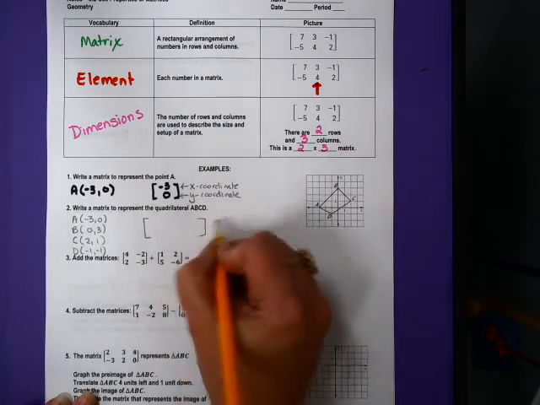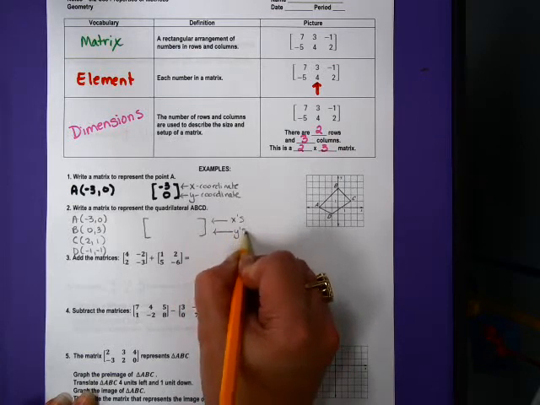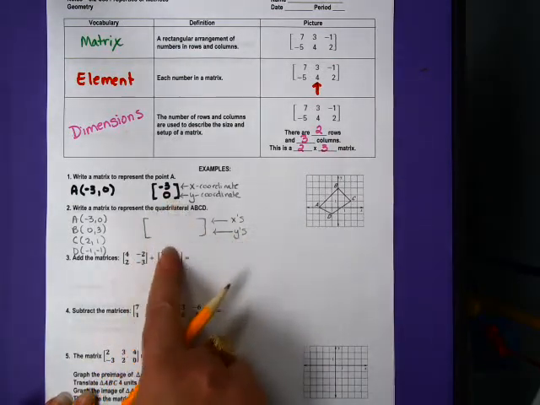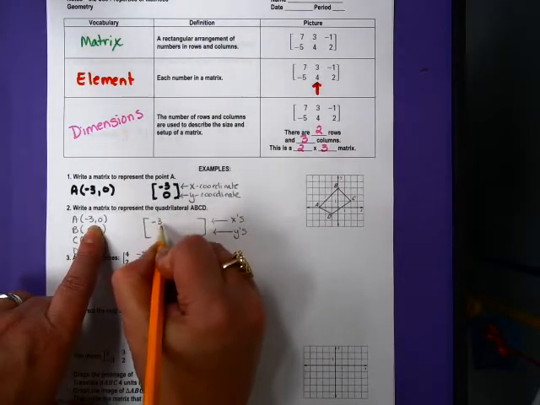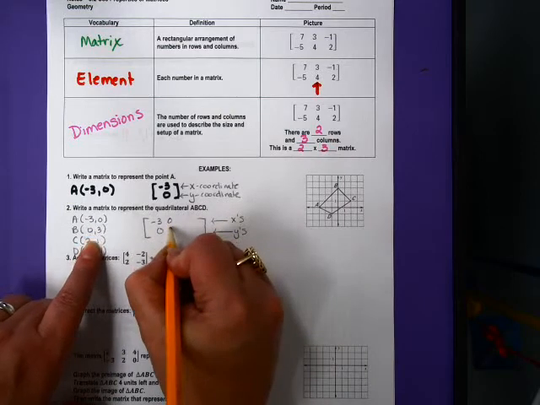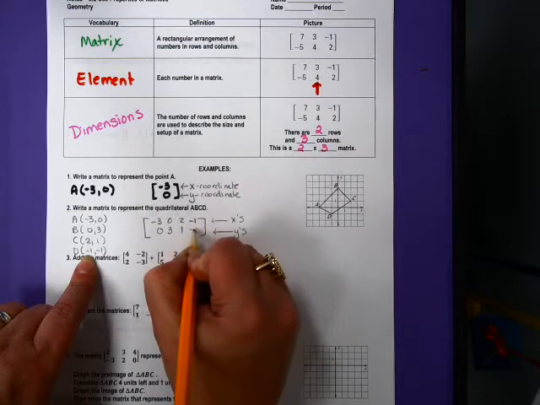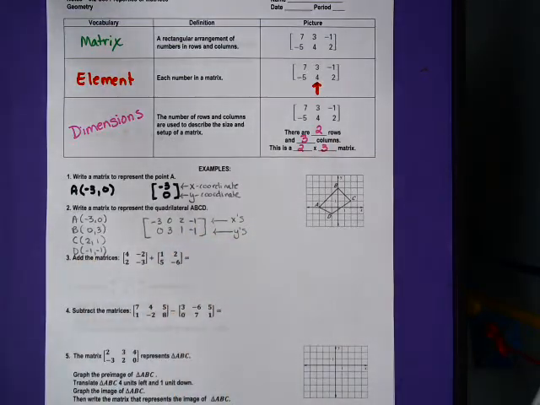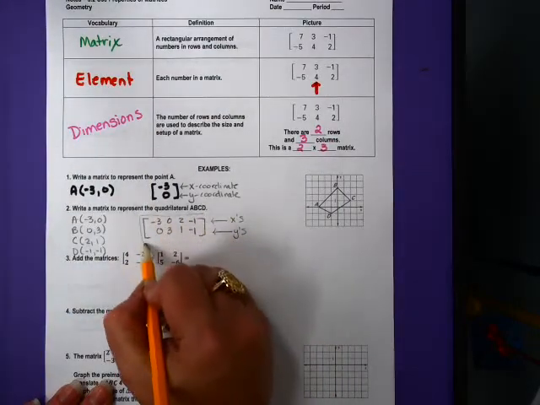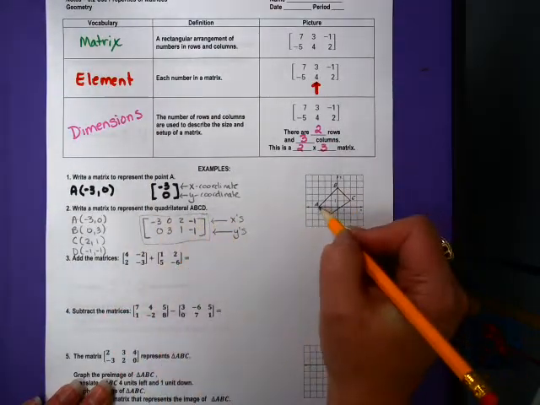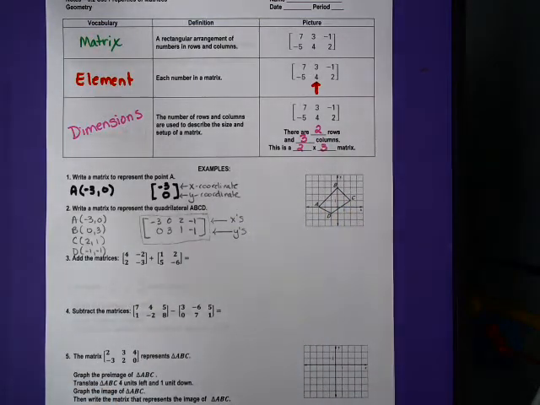The x coordinates are going to go on top, these are the x's, and the y's are going to be on bottom. Each column represents a point. So this is -3, 0. This is 0, 3. This is 2, 1. And this is -1, -1. So this matrix right here represents this polygon, which is quadrilateral ABCD.